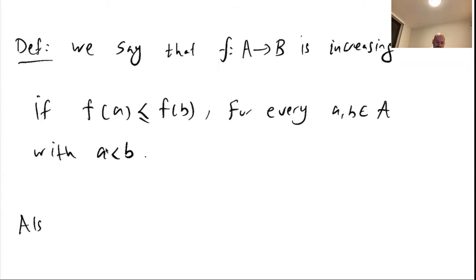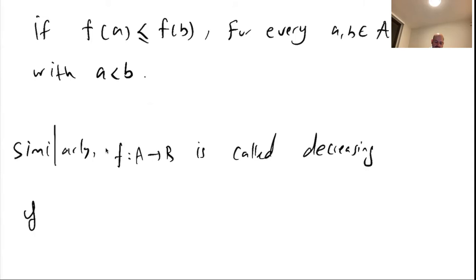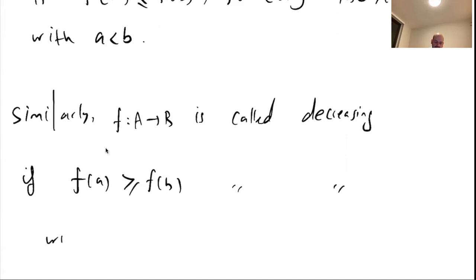Also, or similarly, the f from A to B is called decreasing. When can we say decreasing? If f of a is bigger than or equal to f of b for every a and b in A with a less than b.